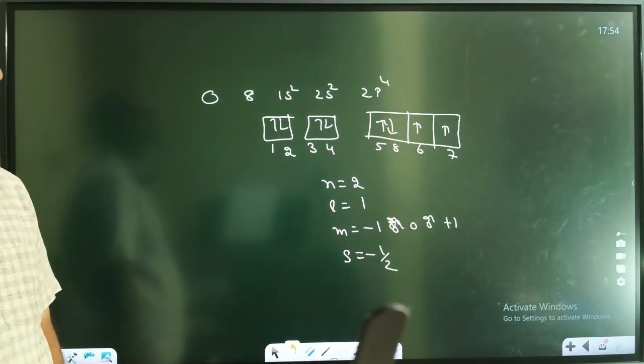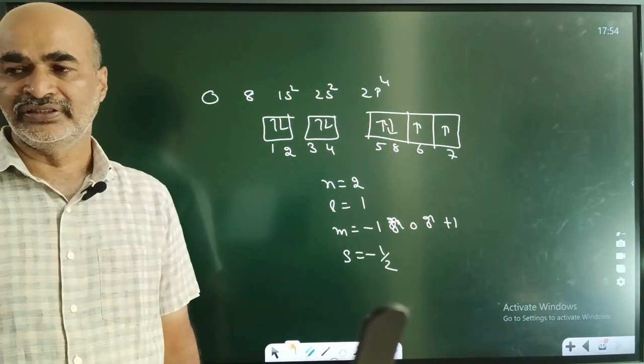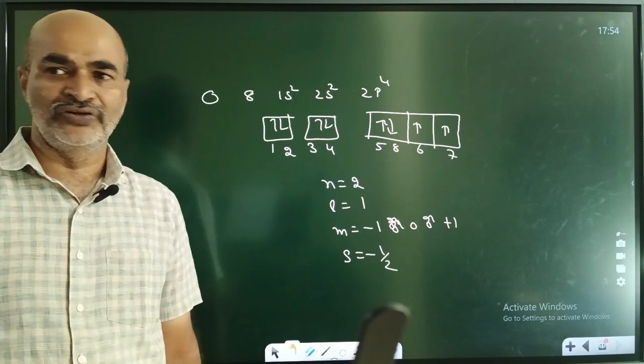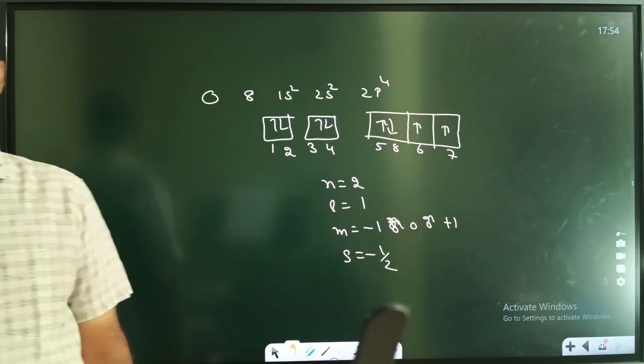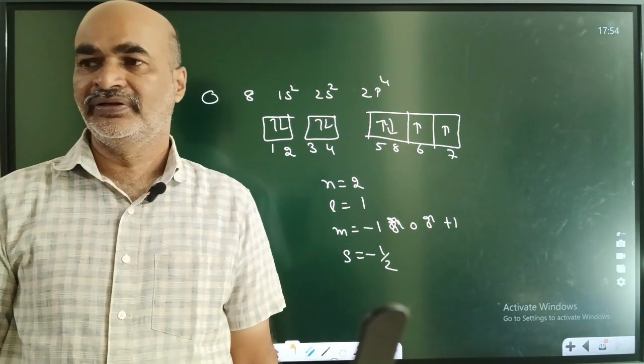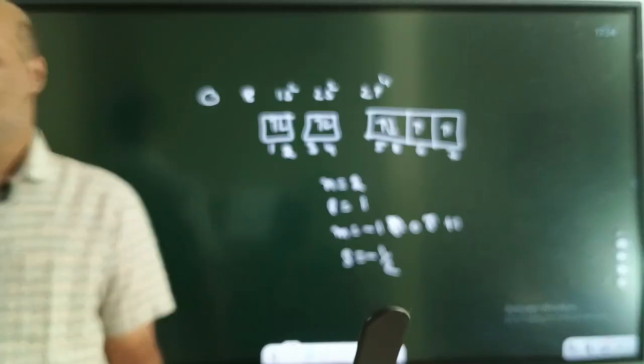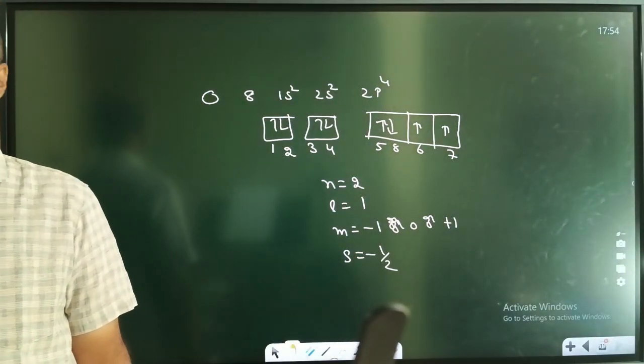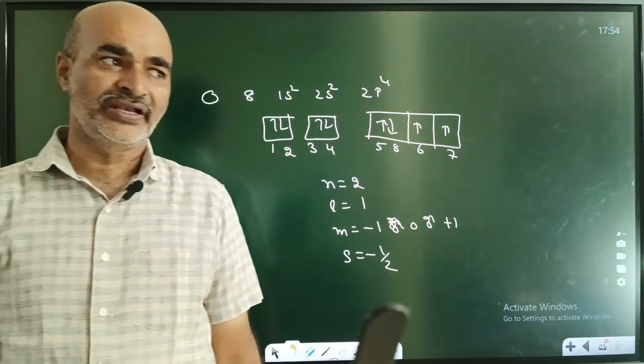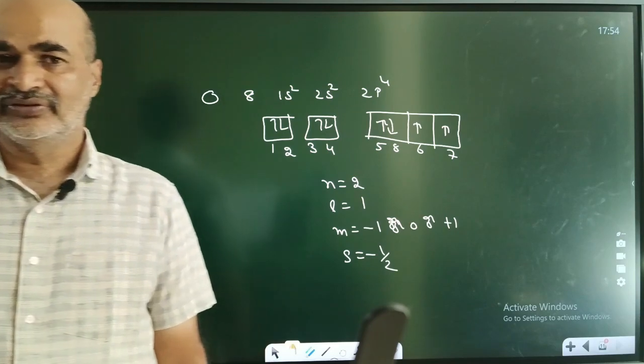Okay, these are the four quantum numbers. So the position of an electron and the picture of the electron can be determined by using the four quantum numbers. This is class 10.